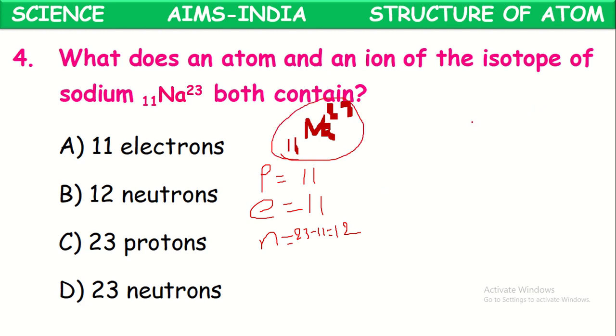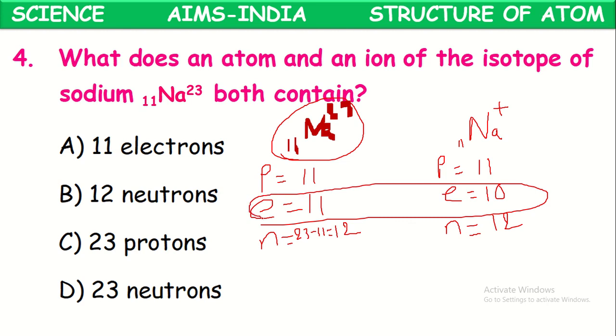If we see the sodium ion, now what will happen? The atomic number will be the same, that means the proton number will be the same, 11. The number of electrons will be 10 because it lost one electron, and the number of neutrons will also be the same as in the neutral atom. Only the number of electrons differs.